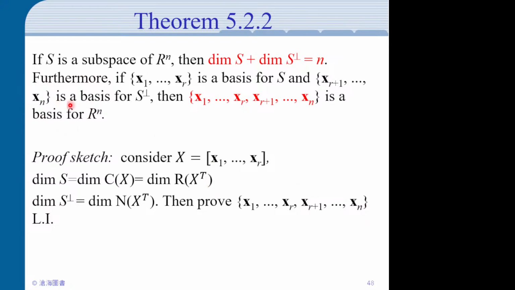That can be proved pretty easily using the orthogonal complement. You have all the c's equal to 0, and you can show they are linearly independent because inside each, the vectors are already linearly independent, and if you wanted to write say xn as a linear combination of x1 to xr, it's not possible because it's orthogonal.